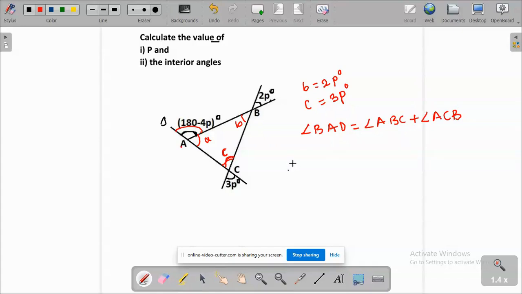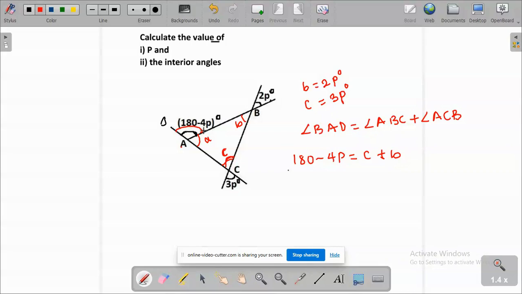So we could say that 180 minus 4p is equal to what? The angle C plus angle B. The reason is that the exterior angle of a triangle is equal to the sum of the two interior opposite angles.